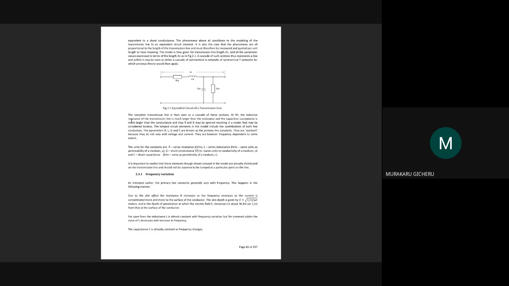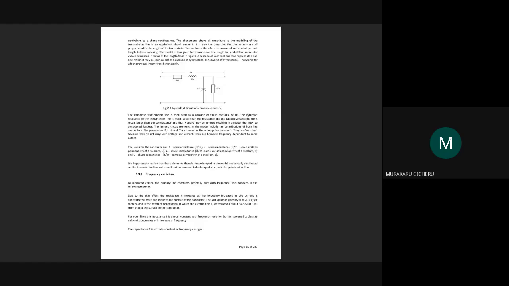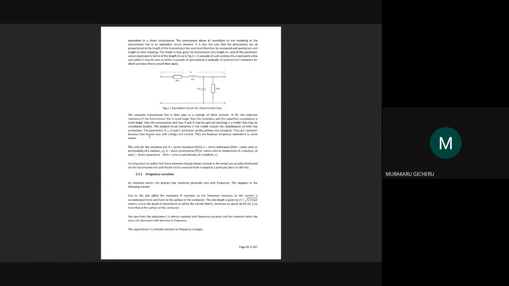So the complete transmission line is seen as a cascade. At RF, the capacitive susceptance is much larger than the conductance, and thus G may be ignored. It's considered lossless.